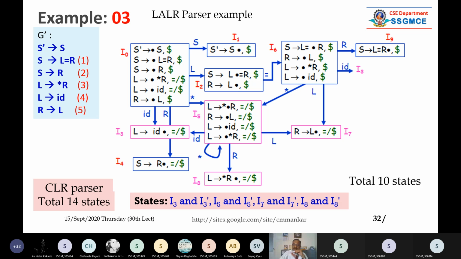So in this way, there are only 10 states. Now, from this, you can construct the parsing table also. The best way is to construct the CLR parsing table first, then construct the merged states, and then the LALR parsing table, because that will be very easy. I have shown you the CLR parser and LALR parser side by side for the previous example, so that will help you.